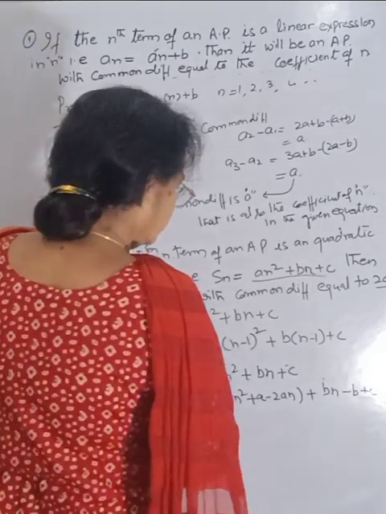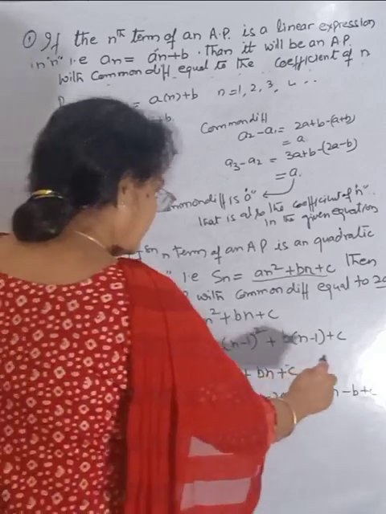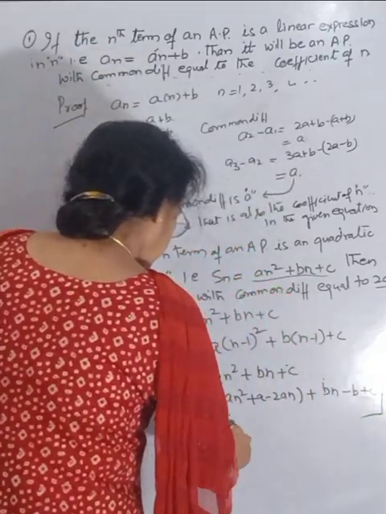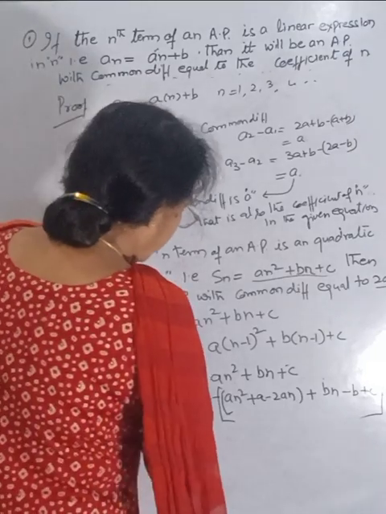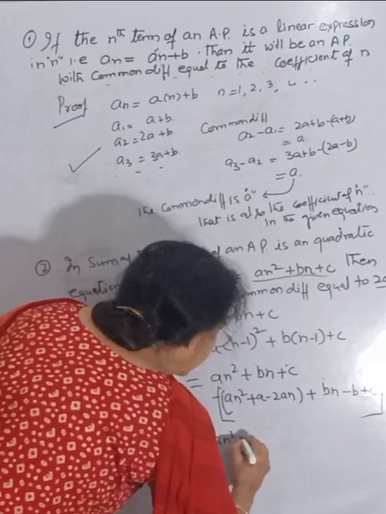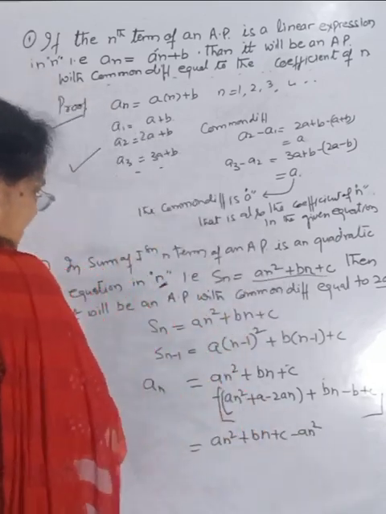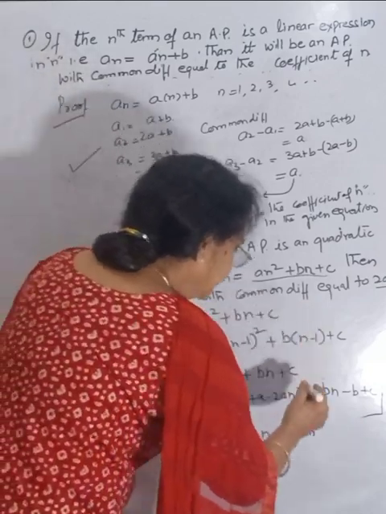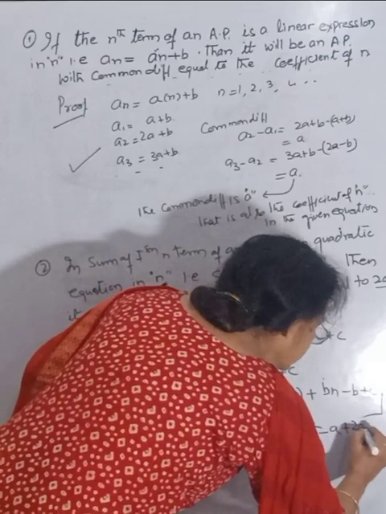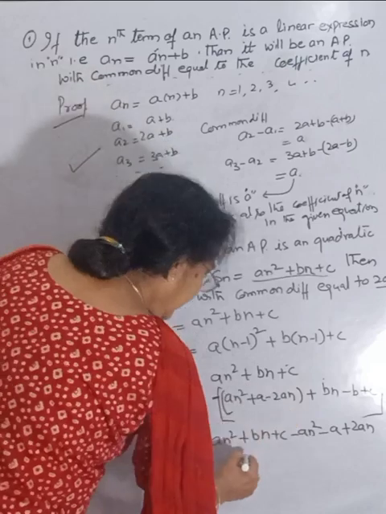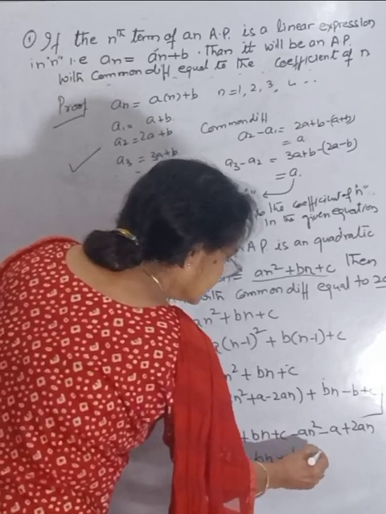Okay. Correct? Now we are opening it. This will be a n square plus b n plus c minus a n square minus a, minus sign is a minus a plus 2an minus bn plus b and minus c.